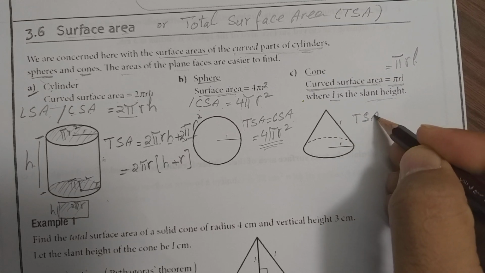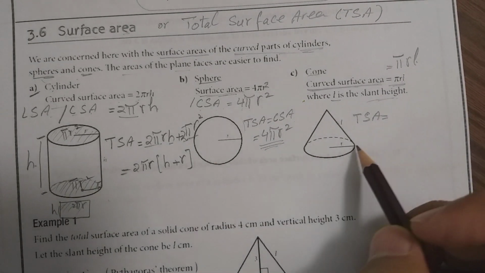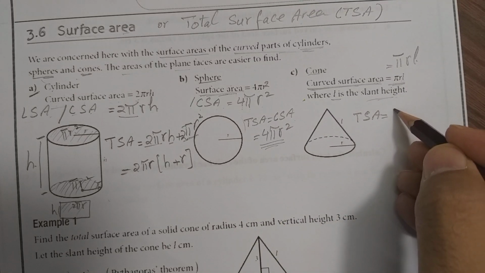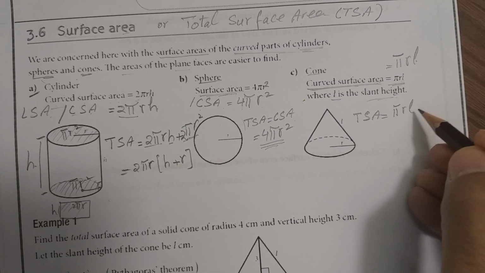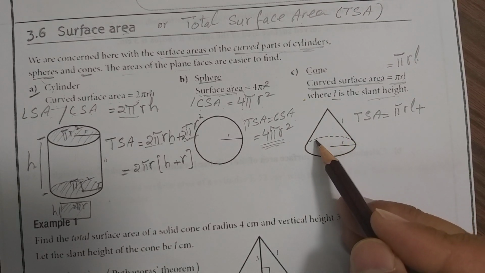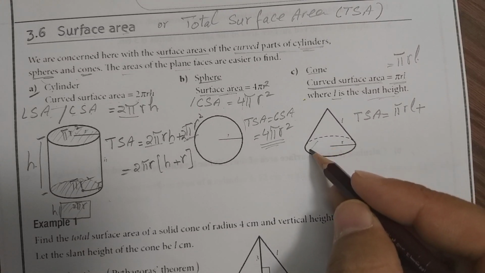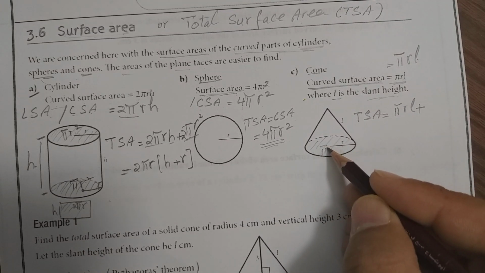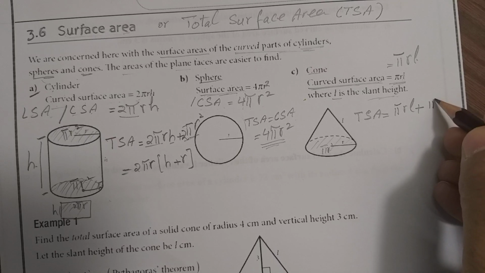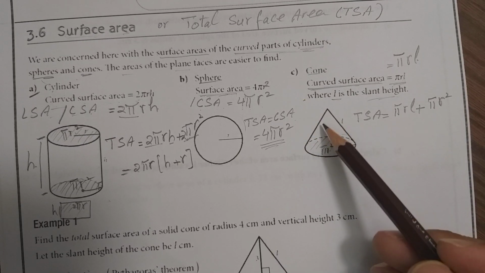So total surface area equals the curved part, pi r l, plus, if you look here, this is one circle given here, so we just add it, it becomes one circle. What is the area of this? Pi r square. So plus pi r square, so this becomes the total surface area of this shape.